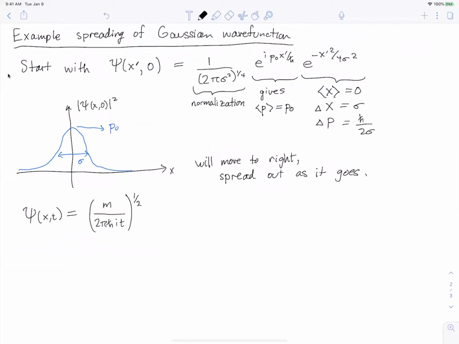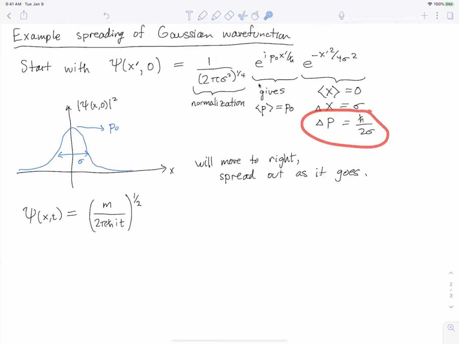Was there an h left out in that top one, or am I mistaken? The last exponential? I think that's okay. That didn't need an h? No. Okay. Where did you get the expectation p from? Oh, so you're talking about this factor.